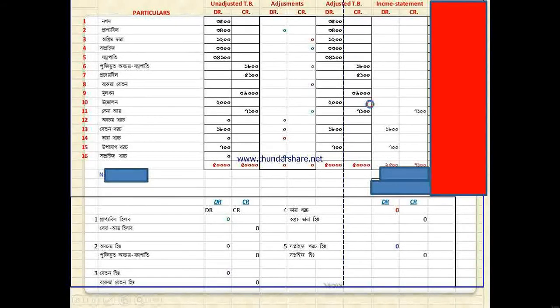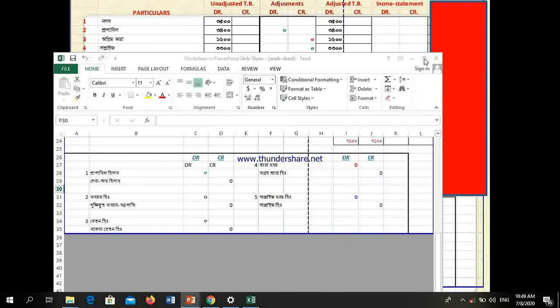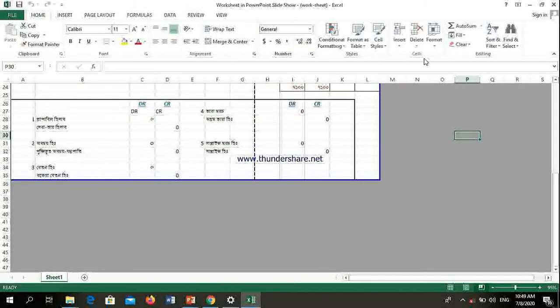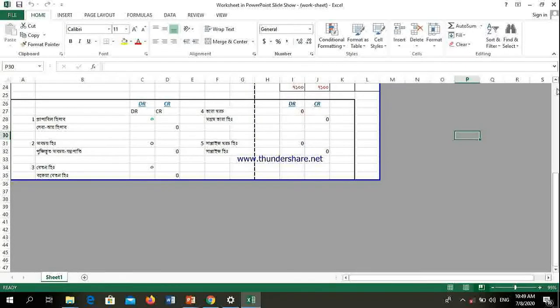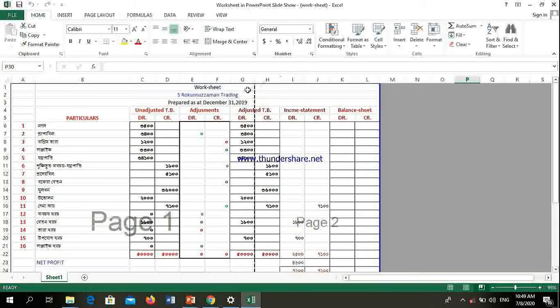So revenue. Now we have to consider only the adjusted trial balance. After calculating the adjusted trial balance, you have to forget adjustments and the unadjusted trial balance. Just consider the adjusted trial balance.